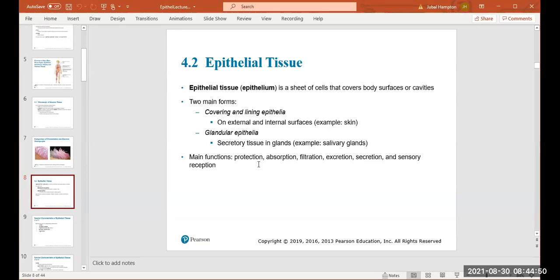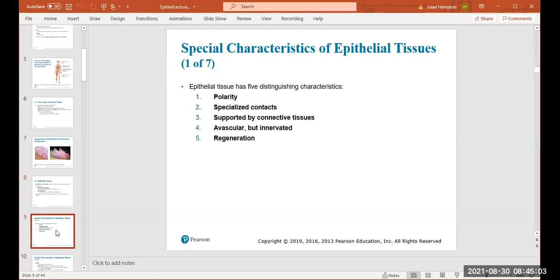Desmosomes in particular with pemphigus as to how the tissues line up and keep themselves arranged. Epithelial tissues are derived from 3 primary germ layers. And we'll talk more about those germ layers later on in development.